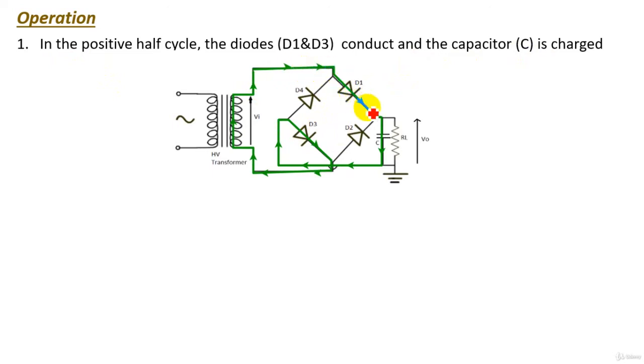The green line represents the direction of the power in this circuit. First, the power comes from the power source, then it passes through D1 and also the capacitor is charged, then the power passes through D3 and comes back to the power source.